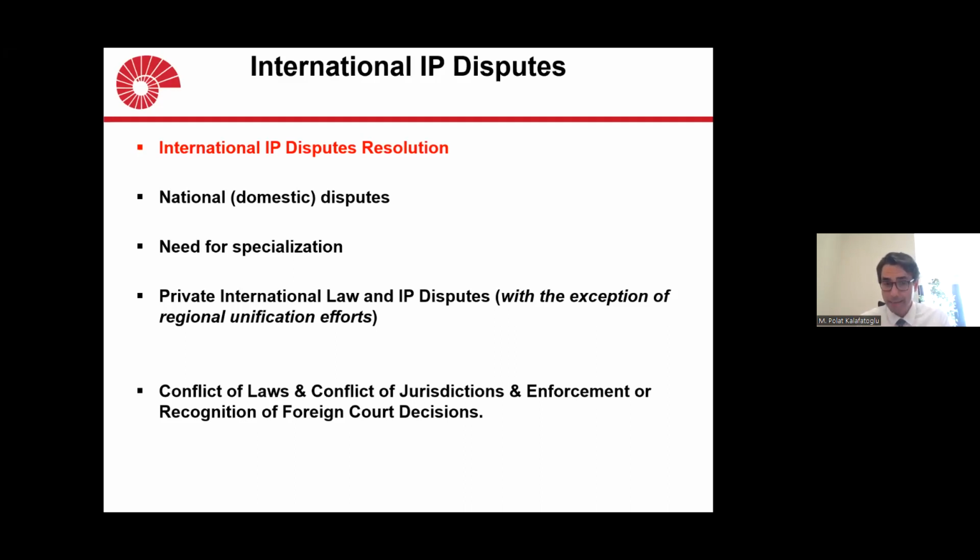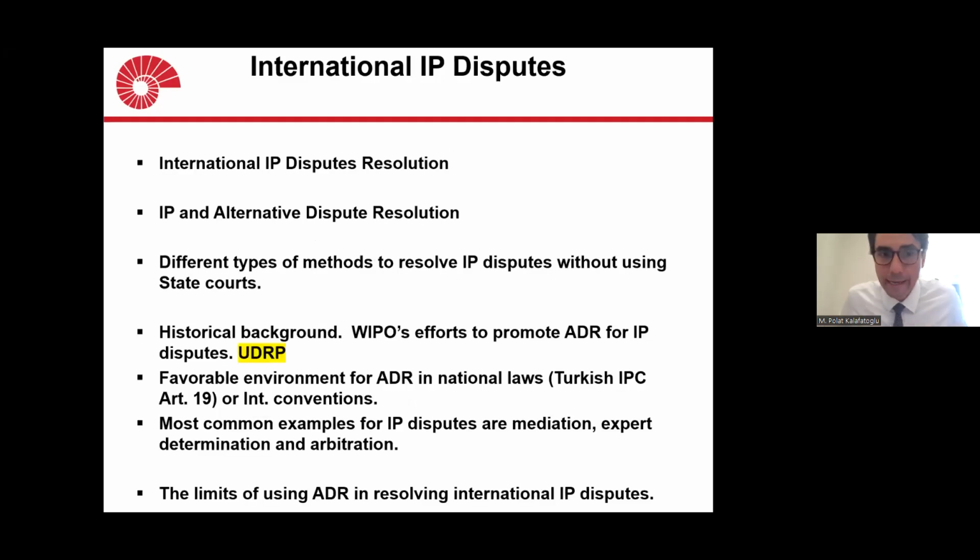Because, again referring to my previous slide, depending on the type of the dispute, we will have different rules of jurisdiction and different rules of applicable law. And finally, parties may choose alternative dispute resolution for the resolution of their IP dispute. Okay, so the second option will be the use of ADR.